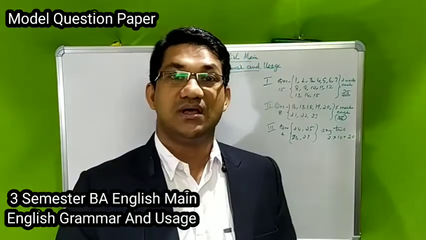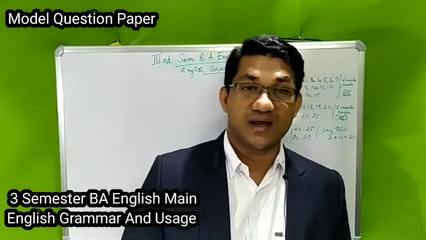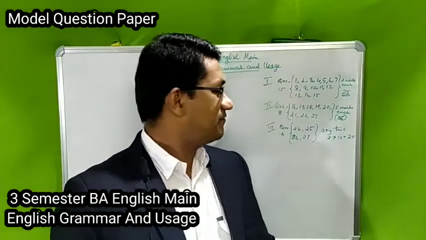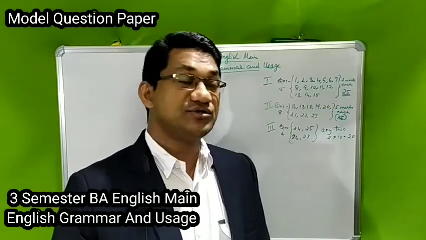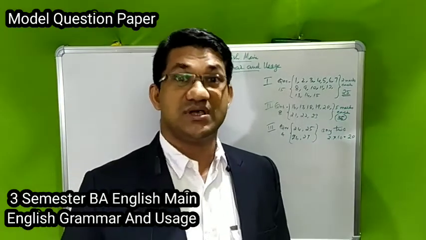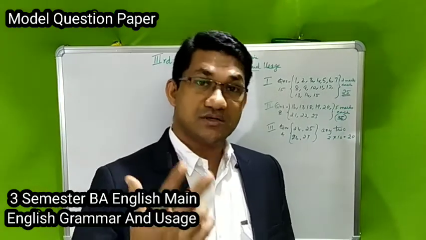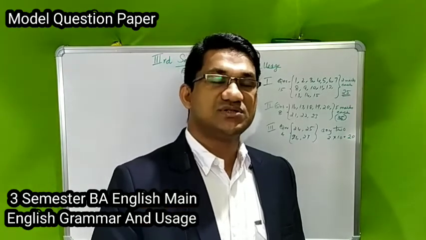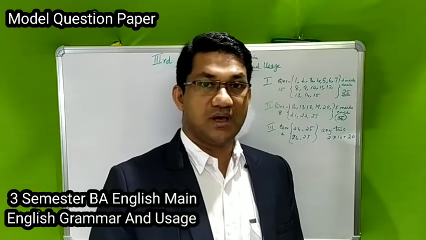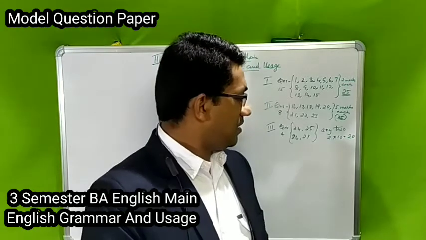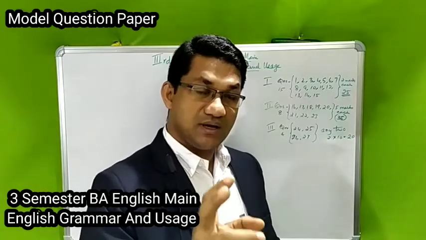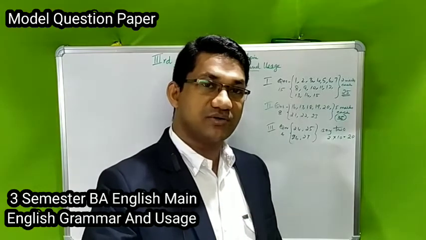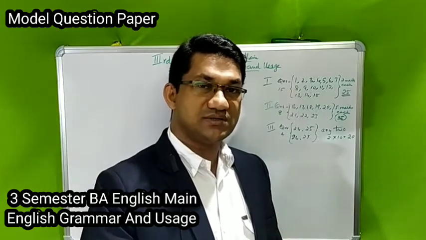Now we come to the third type, where we have 4 questions, and a student can answer 2, and there is no ceiling. These are essay type questions, and the maximum score for answering one question is 10 marks.